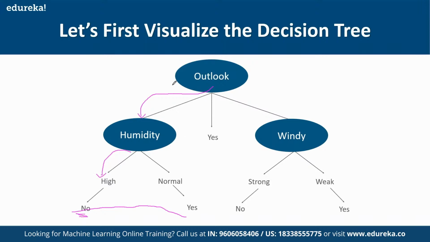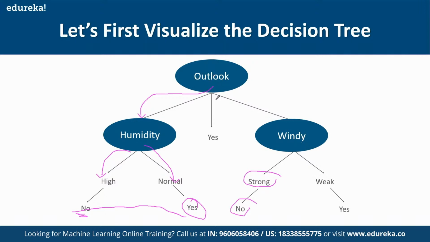On the other hand, if the outlook is humid and humidity is normal, I may play the match. If the outlook is absolutely clear, then I will always play. If the outlook is windy and the winds are very strong, I may not play the match. If the outlook is windy and the wind is weak, I may play the match.